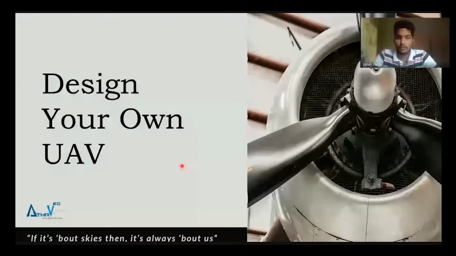Before we start into the session, I want you to get a brief idea of what a UAV is, and this session will be covering the brief aspects and just the introduction to UAVs.